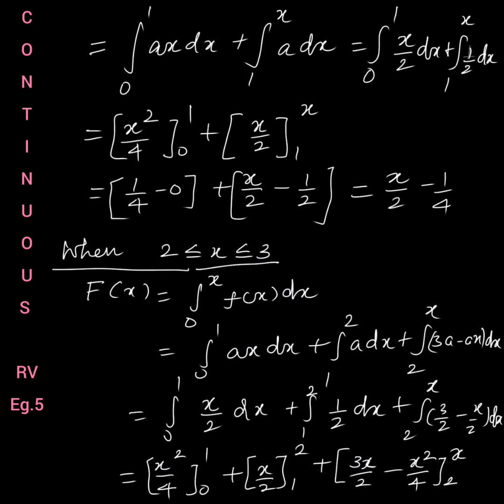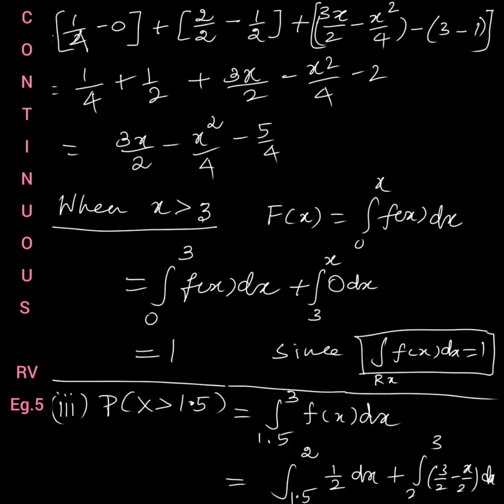for x in 1 to 2. The next one is when x is lying between 2 to 3. Here also same discussion, capital F of x equal to integral 0 to x f of x dx. But instead of writing f of x as a single function, there is no possibility here for that. So split the integral into three parts: one 0 to 1, another one is 1 to 2, the last one is 2 to x.